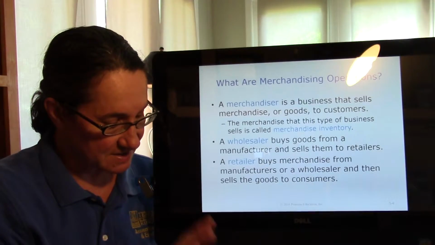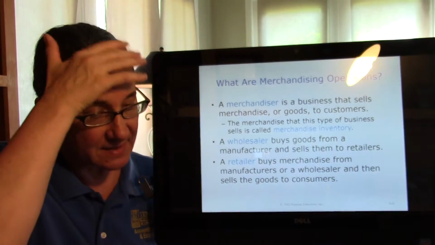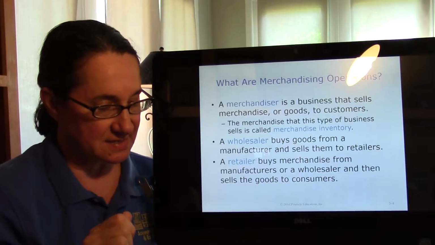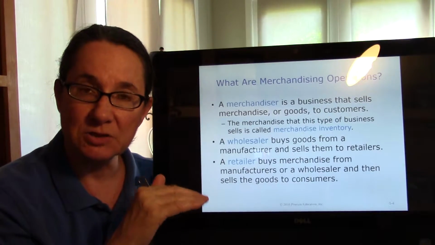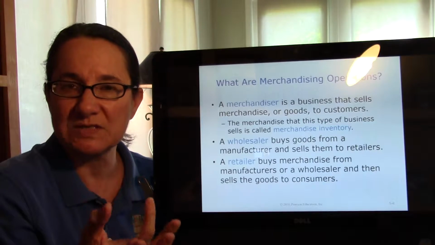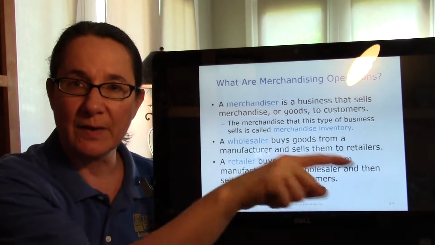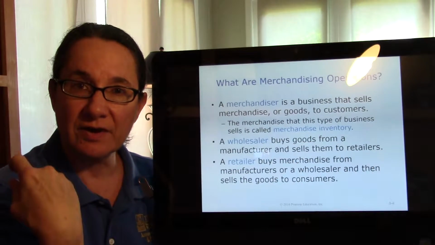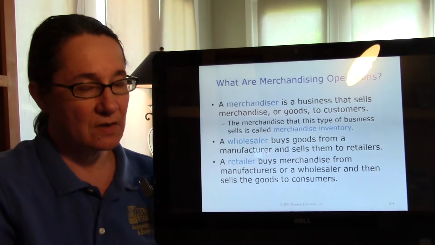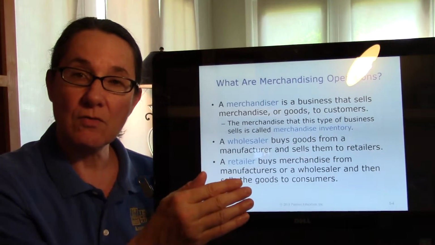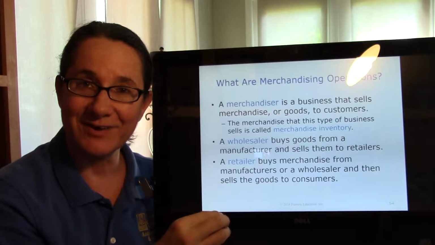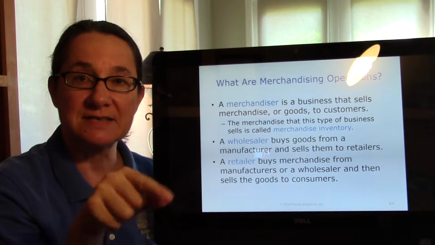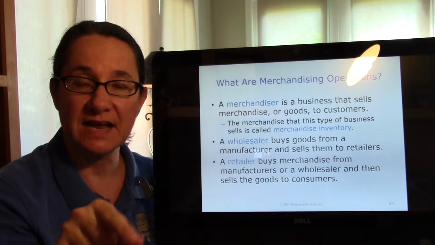So this is probably one thing that you need to make sure you keep distinct, is that when you're doing accounting for a company that's a merchandiser, especially a retailer, who's buying from a place and then turning around and selling it someplace, when the company buys the inventory, that's called a purchase, right? So then when they turn around and sell it to a customer, that's called a sale.